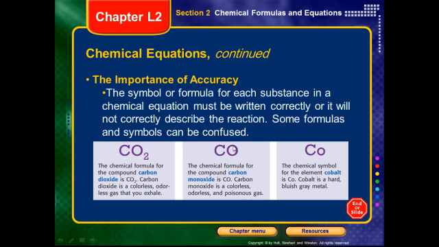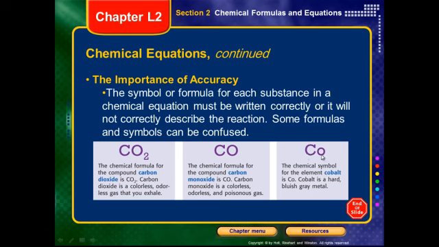While carbon with only one oxygen atom gives us carbon monoxide. Carbon monoxide is colorless and odorless, but it's a poisonous gas. So be sure to write the symbols correctly. CO2 is different from CO, and also different from C with a capital letter and o with a small letter. Co gives us the chemical symbol for the element called cobalt. Cobalt is a hard bluish gray metal.